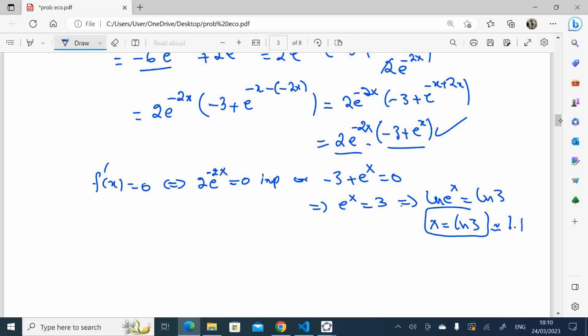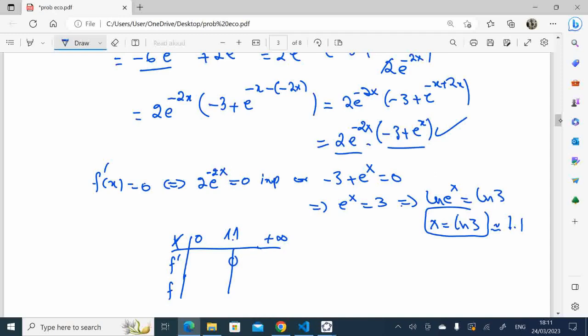Now let's set up the table of variation. This is x, this is f prime, and this is f. So for x, the domain is 0 to plus infinity. Now we have critical value 1.1. Here f prime is 0.